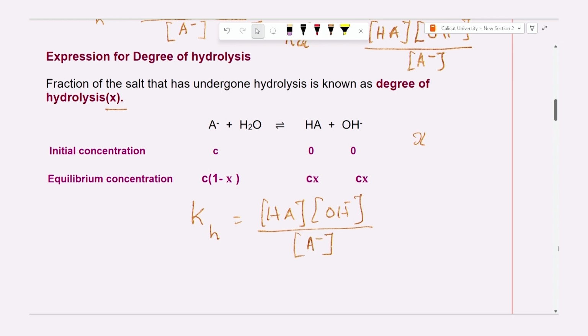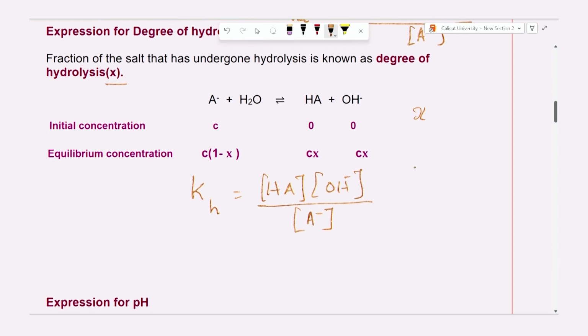Substituting the equilibrium concentrations, we get Cx into Cx whole divided by C into 1 minus x. C and C get cancelled, and that becomes Cx square by 1 minus x.